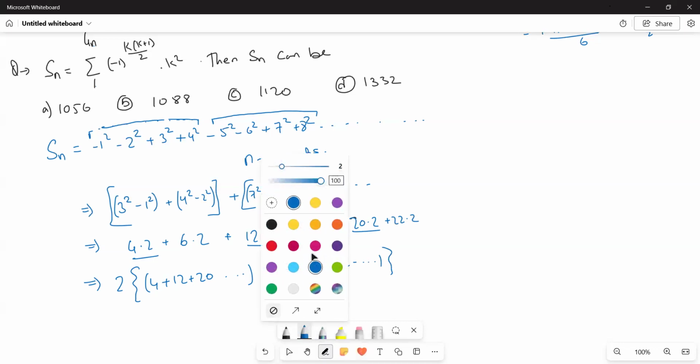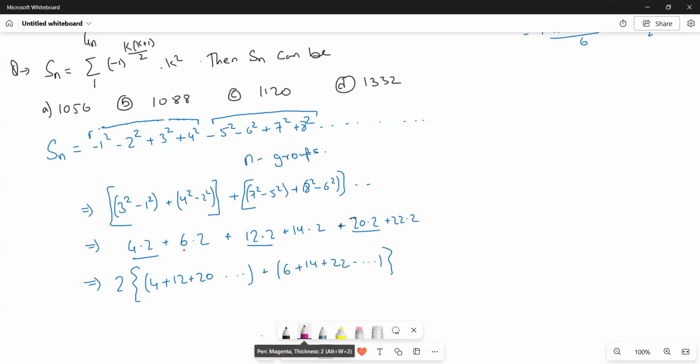Is everyone able to understand this part? ये हो गया second AP. Now, how many terms would be there in each of the APs? There will be n terms.